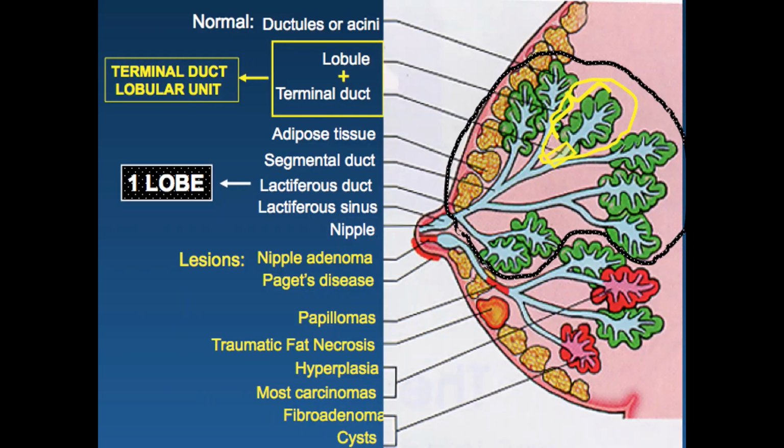And this is the normal structure. And if there is a problem, then what happens? Those are below in the yellow color.